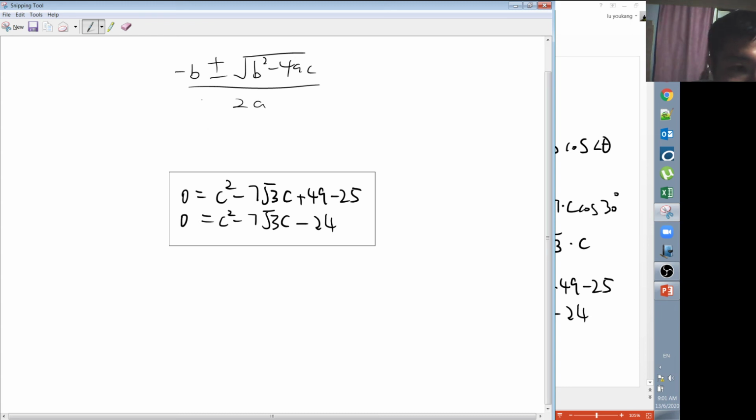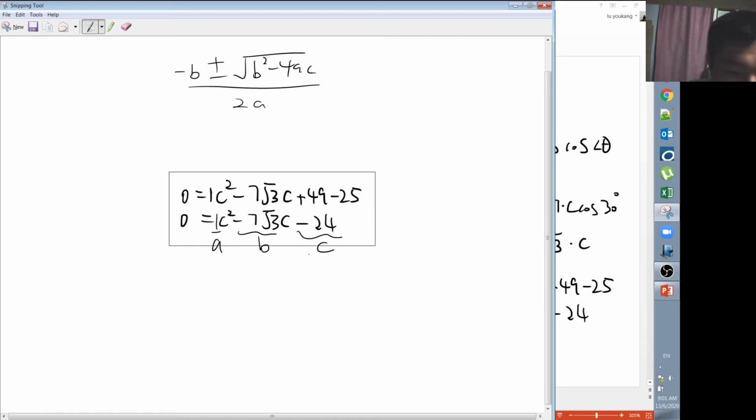Alright, so in this case, nothing is written in front of your C squared, so the coefficient a is basically 1. So this is your a, this is your b, this is your c.